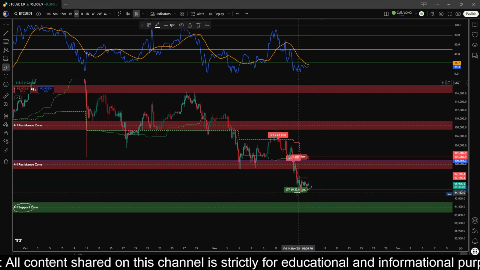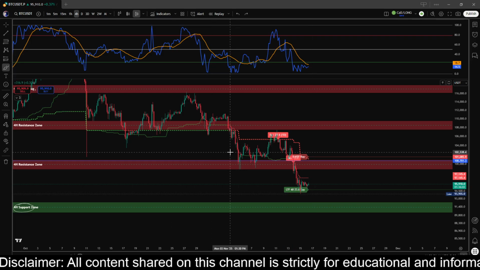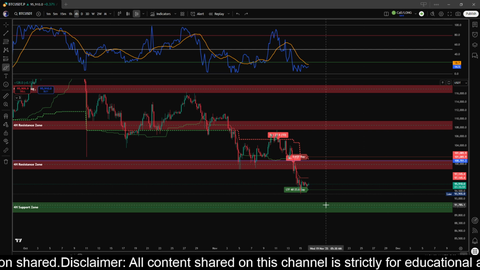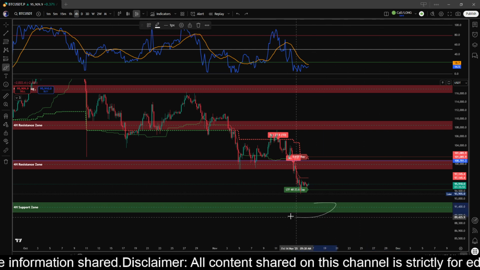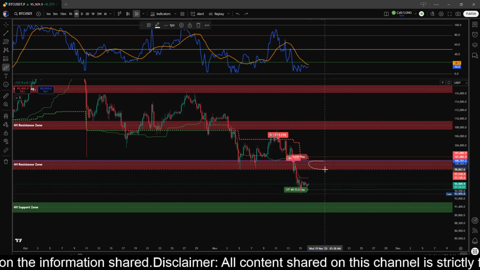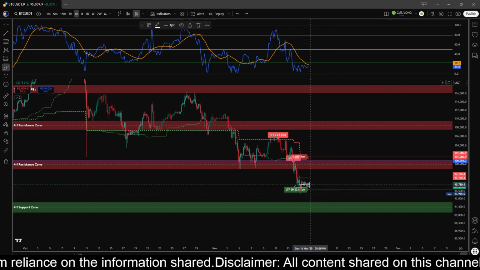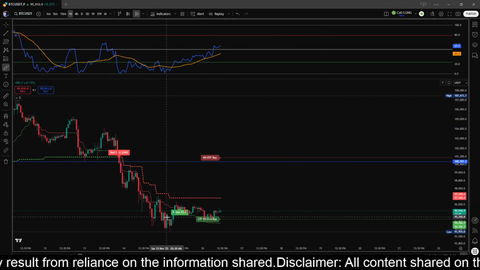Just to remind you guys, my analysis is all about multi-time frame. Currently in the 4-hour time frame, we have this zone as a support, and this as a resistance. And what I have said about this, I think, is happening in the 1-hour time frame.